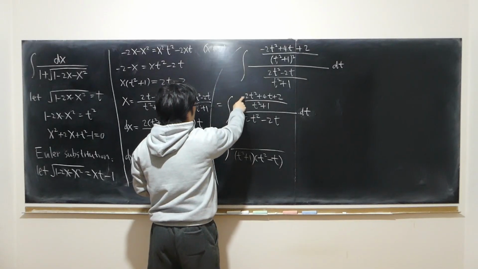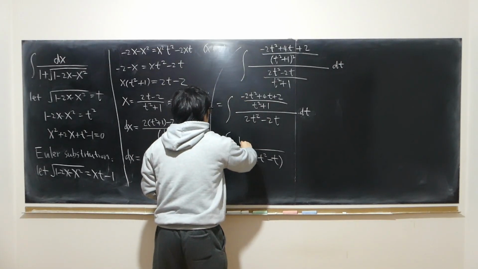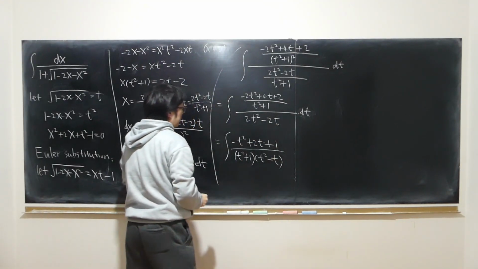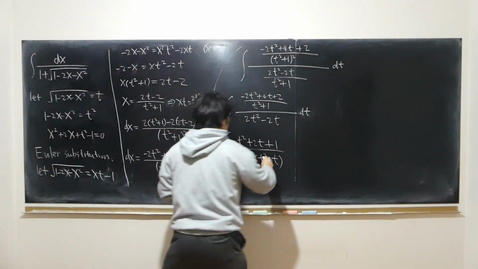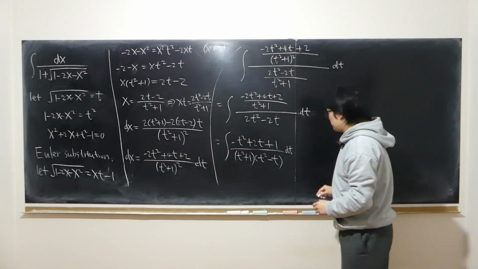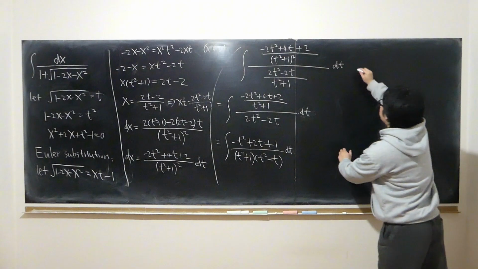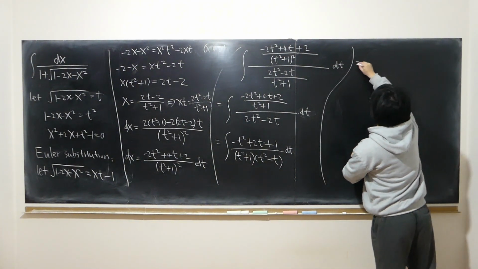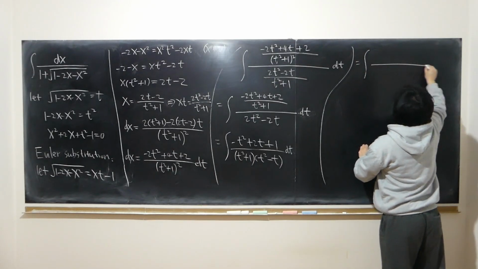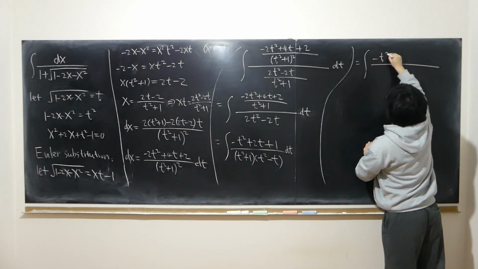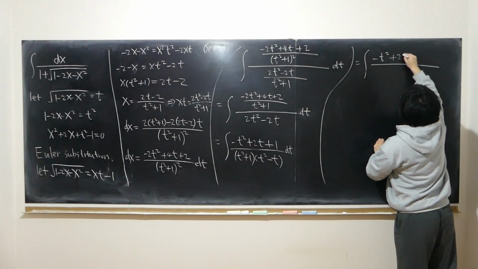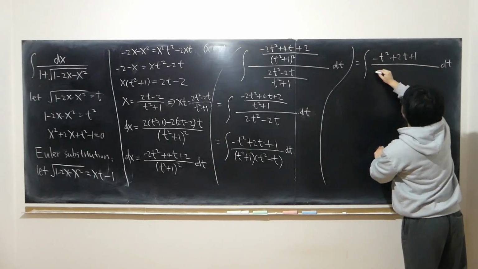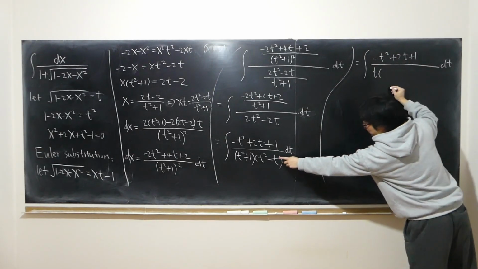And this becomes negative t squared plus 2t plus 1, dt. Maybe I can write it in this way. Copy down this one, then take out the t here, then t minus 1.